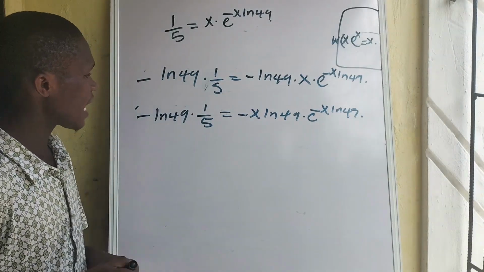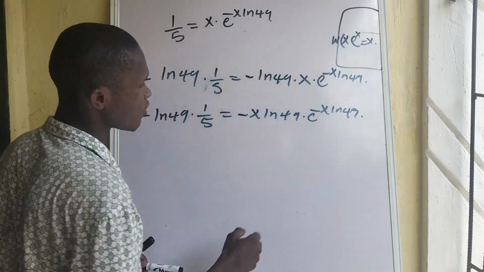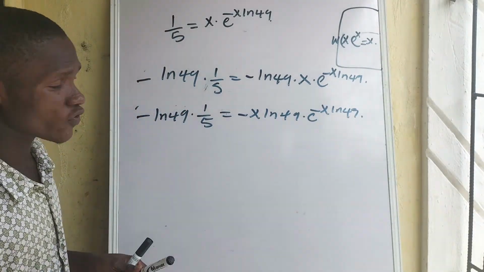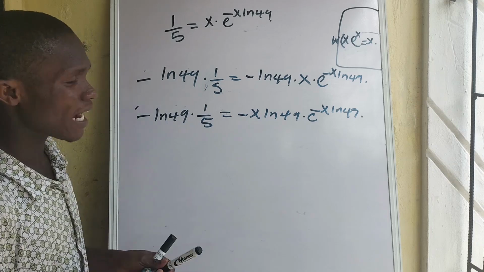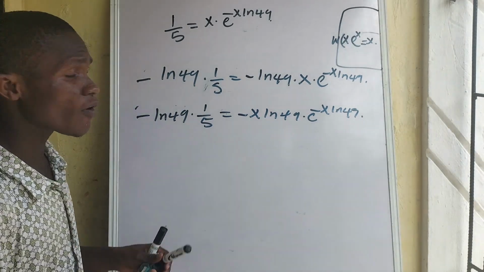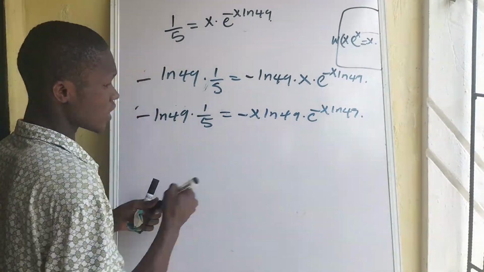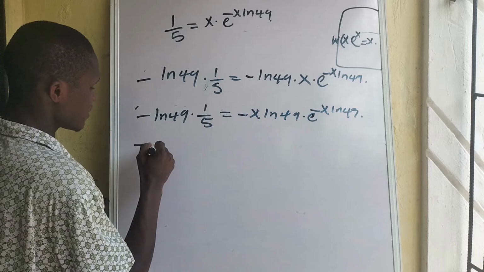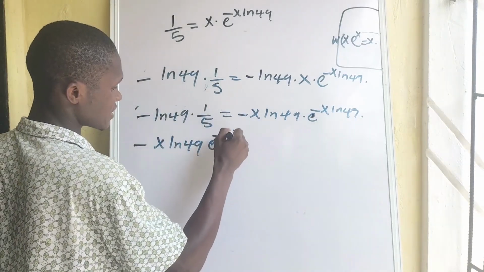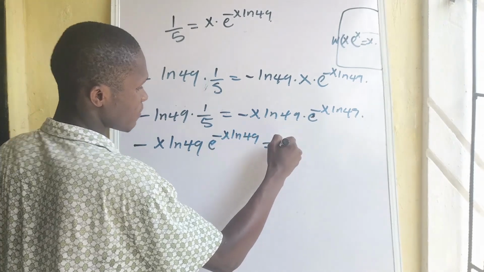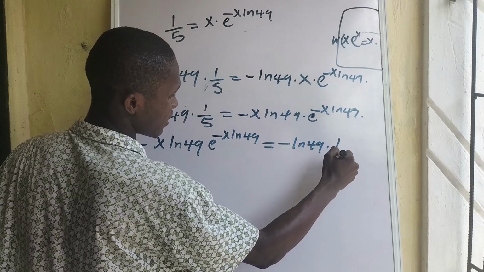We now have this number equivalent to the exponential number. What are we simply going to do from here? We are going to apply the Lambert W function. But before we do that, we can rewrite this, so we can simply say minus x ln 49 exponential minus x ln 49 equals minus ln 49 times 1 all over 5.